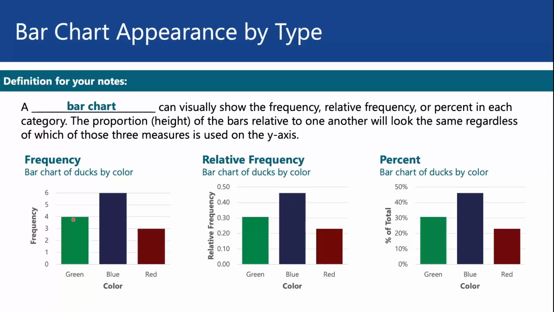And you can notice that these are essentially the exact same graph, just with different values on the y-axis. Because relative to each other, they all have the same height relationship. So which one you choose won't affect the looks so much as just how you talk about it and how you frame it.